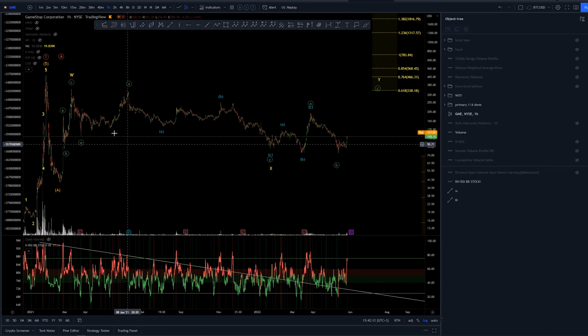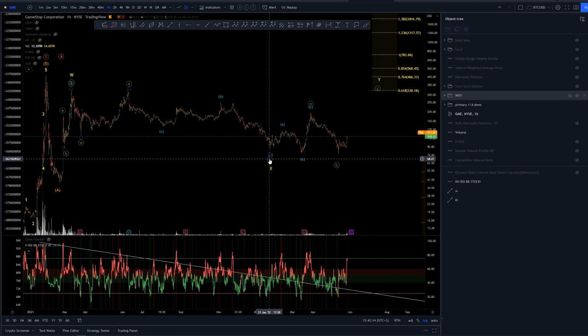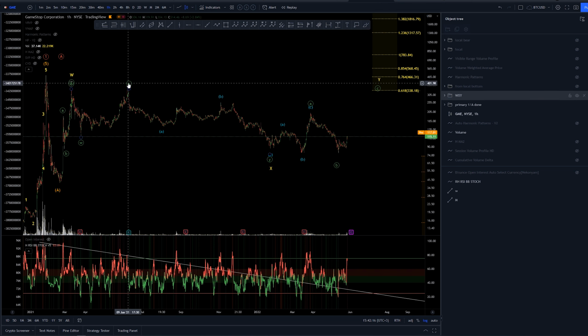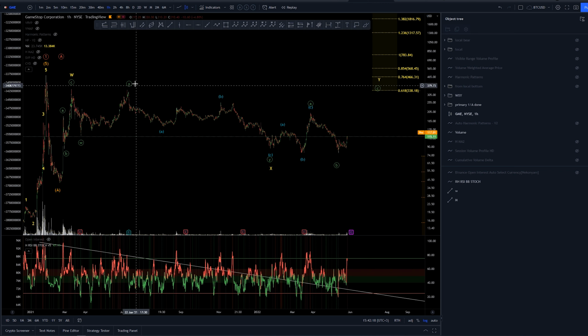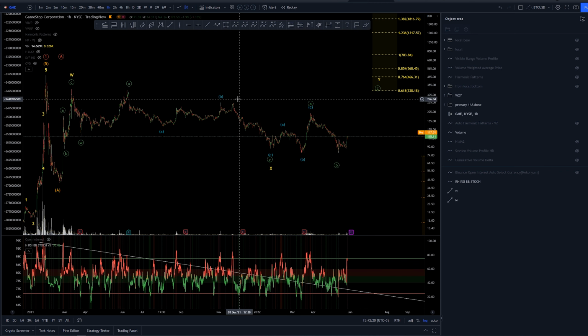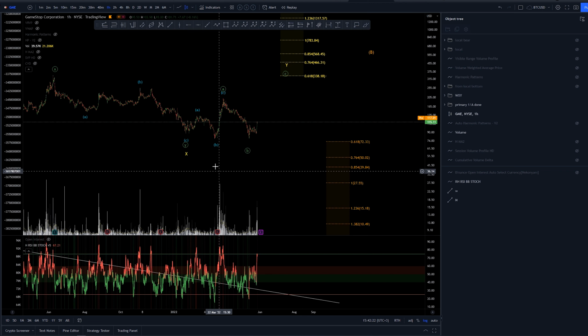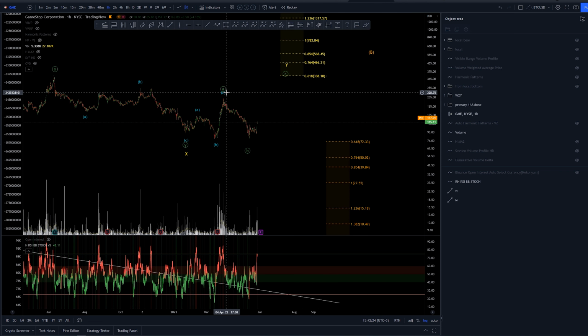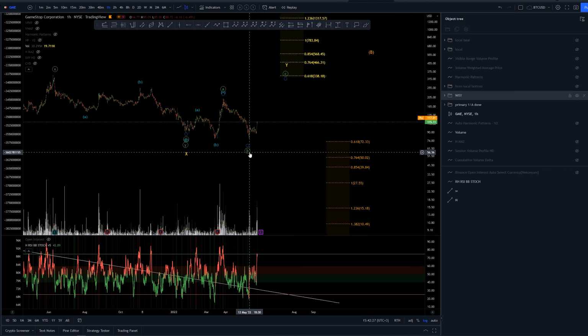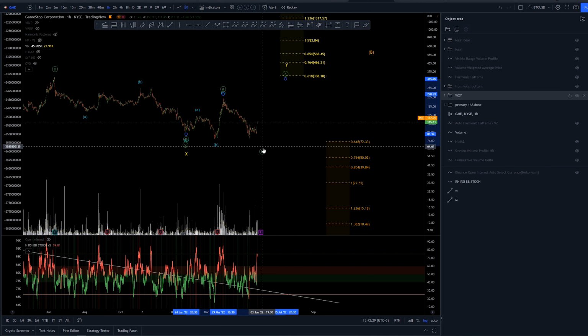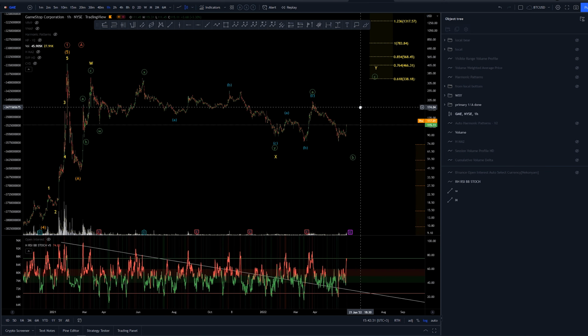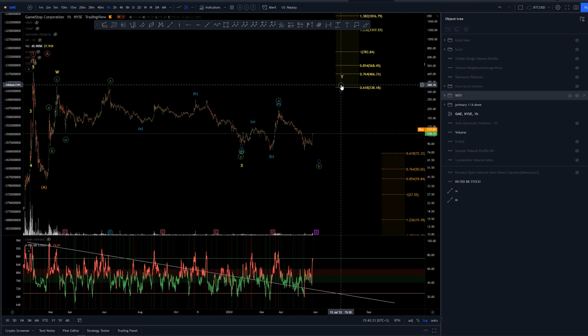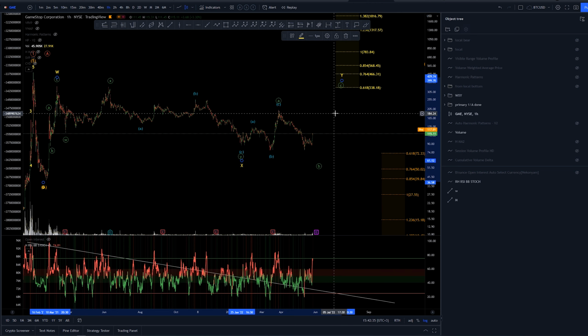In any case, W here, 3 waves into X. The Y wave of this minute count has A, B and C, and then we have another expanding flat into A, B and C. Currently we would be looking for the B wave here according to this count, and then C to end the wave Y here.